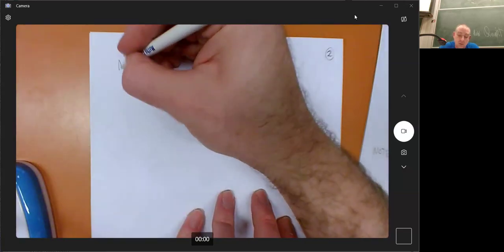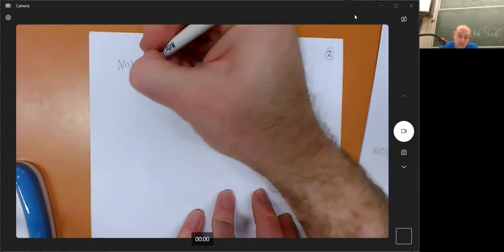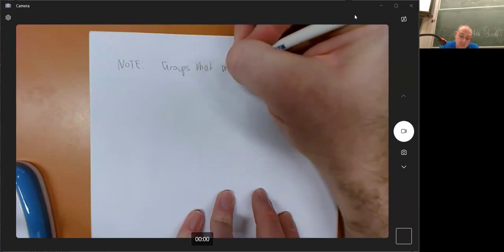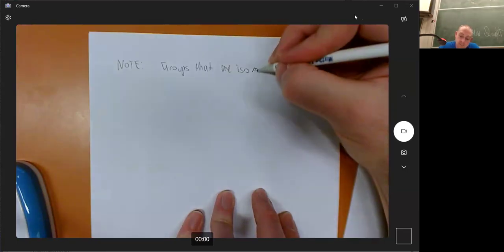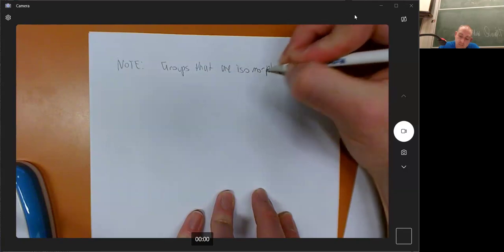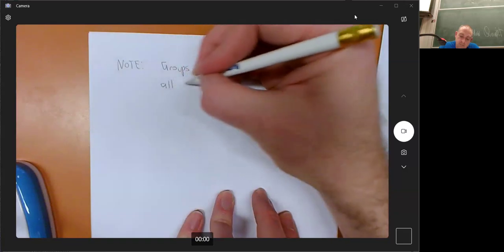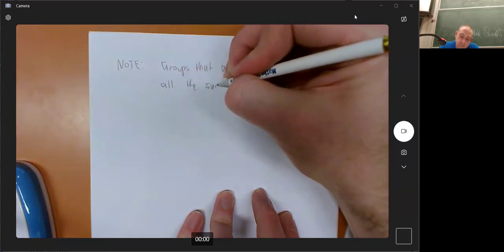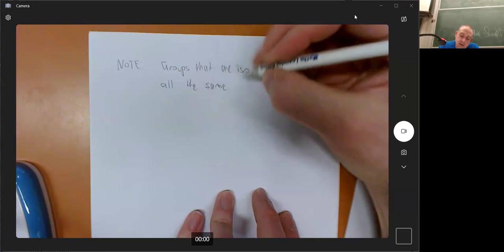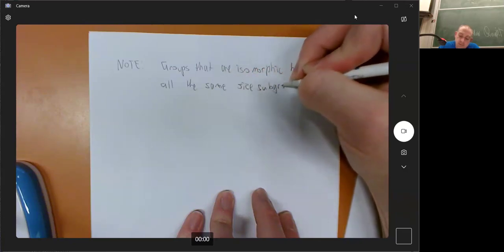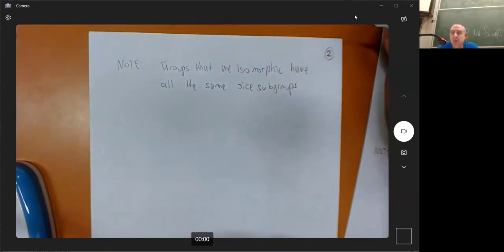Note, they have all the same size subgroups, and they have all the same orders for their elements.